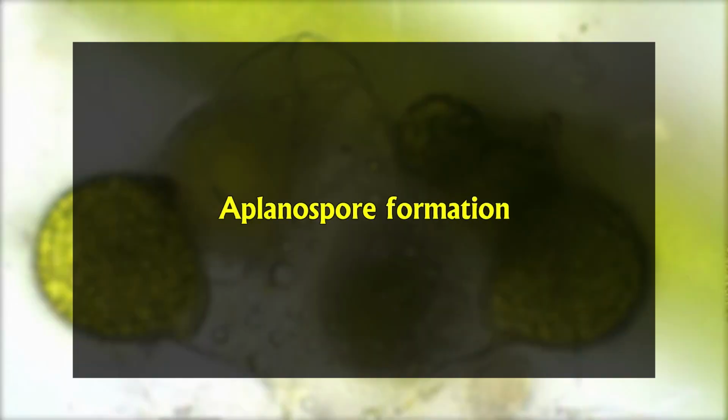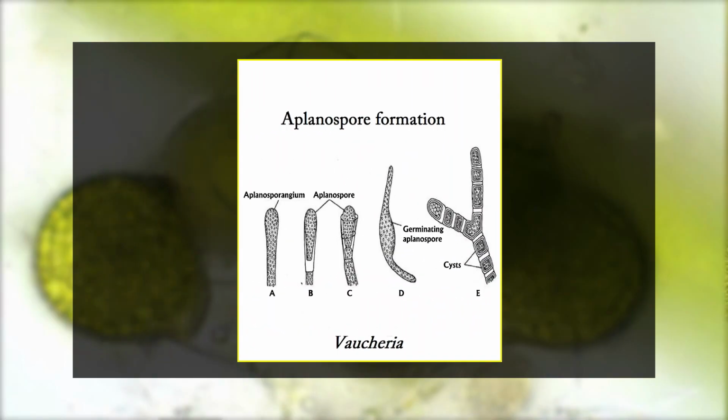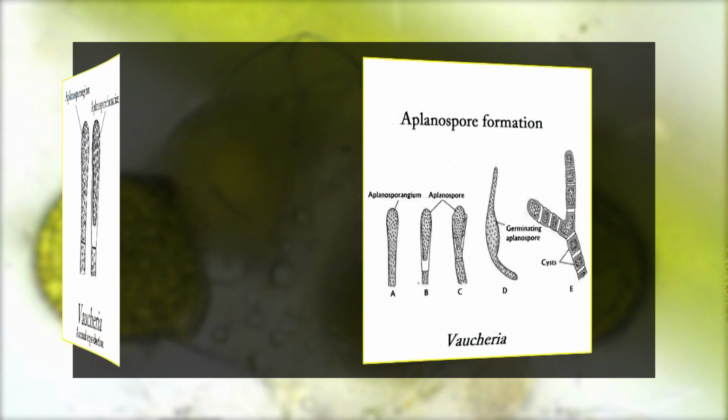the erect branched part. Now let us try to understand aplanospore formation. As I have already talked, aplanospores are non-motile spores produced during slightly unfavorable conditions. They are commonly formed in terrestrial species of Vaucheria, but in aquatic species, such spores are produced under unfavorable conditions.